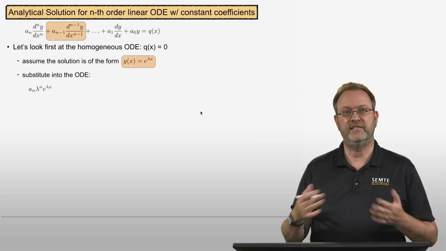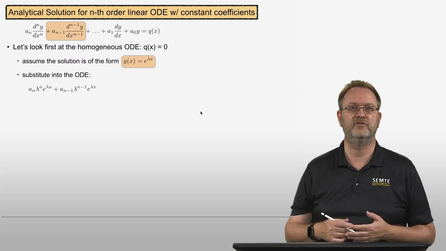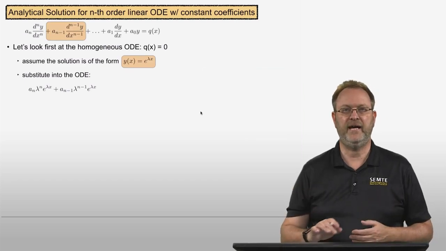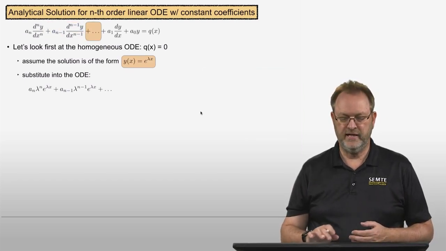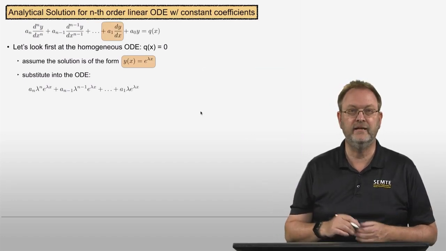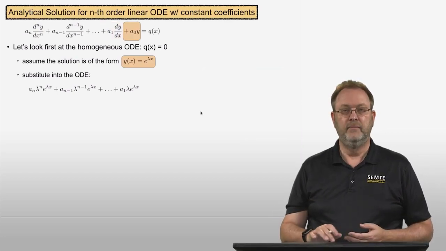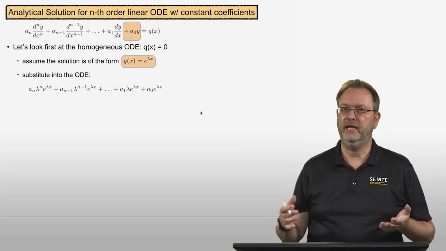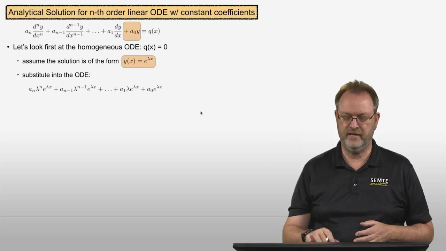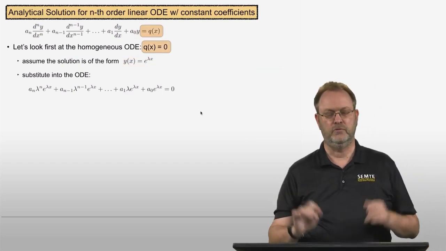The second term would be a sub n minus 1 times lambda to the power n minus 1 times e to the power lambda x. And so on, we have additional terms. We then hit the first derivative after a while, plus a1 times lambda e to the power lambda x, plus a0 times e to the power lambda x is equal to, if it's homogeneous, 0.